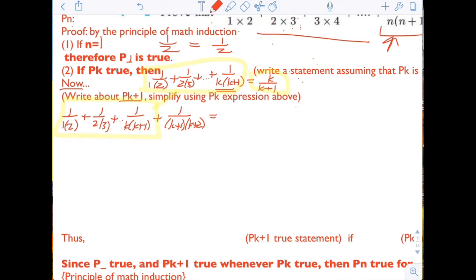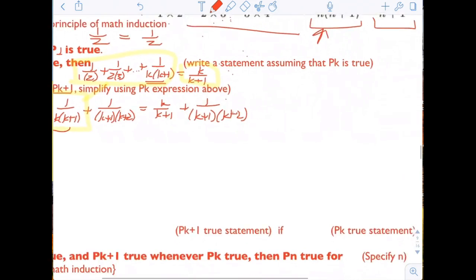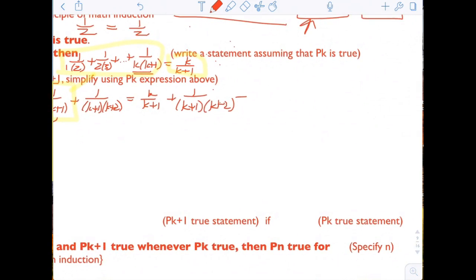So let's do this. We're going to substitute in for here. We're going to put k over k plus 1. And then we're going to add that to the last term, 1 over k plus 1 times k plus 2. And then let's see if we can simplify this somehow and make it look like some version of this.